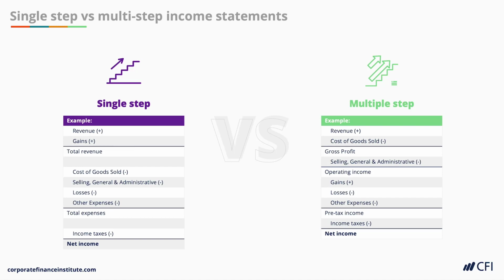Direct revenues and direct expenses are first shown to arrive at gross profit. Indirect expenses related to operations are then shown to arrive at operating income. Any other revenues and expenses, including gains and losses, are then shown to arrive at pre-tax income. Income taxes are then displayed to arrive at net income. Let's now look at some of the line items of the income statement that need a little more explanation.